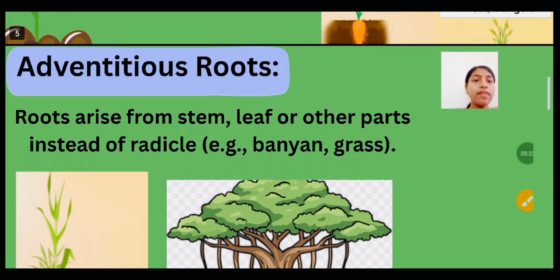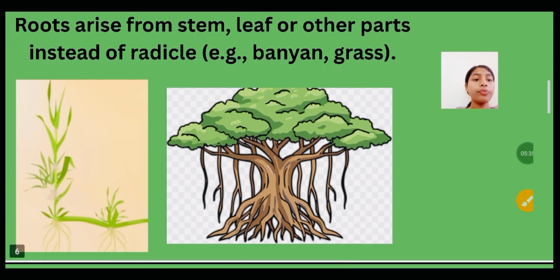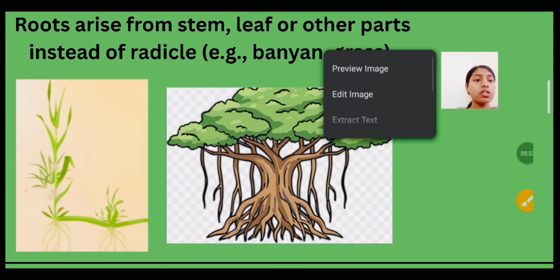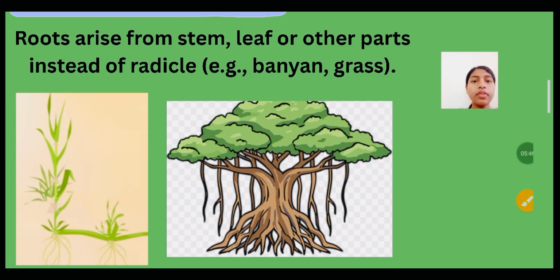Next is adventitious root. Adventitious roots arise from stem, leaf or other parts instead of the radicle. Examples are banyan and grass. As you can see in the pictures, roots arise from stem, leaf or many other parts, right?